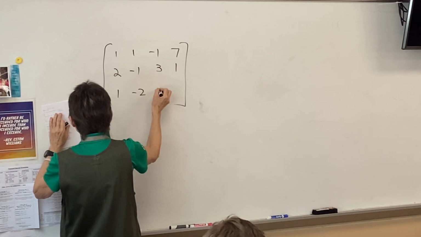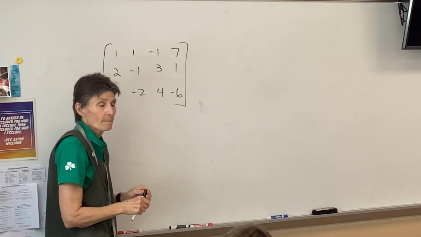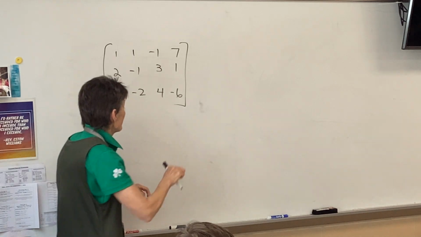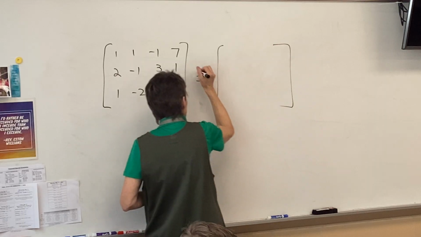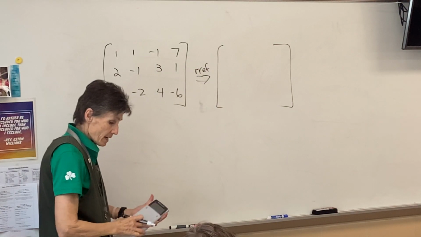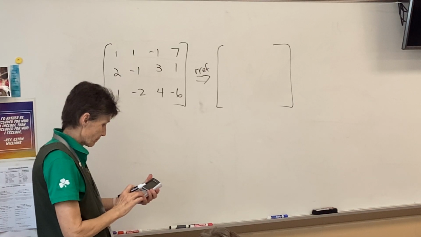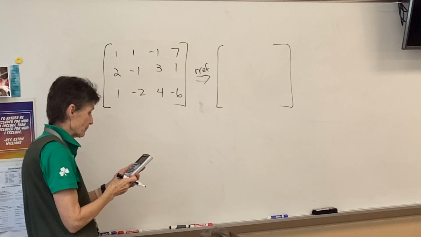And 1, negative 2, 4, negative 6. So I'm gonna put that in. How big is it? What dimensions is it? I'm gonna do the second matrix edit. And how big is it? It's a 3 by 4.